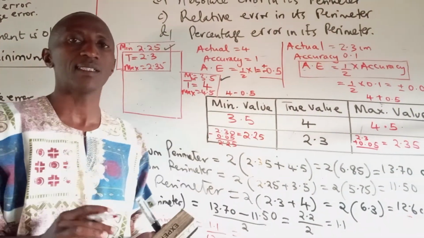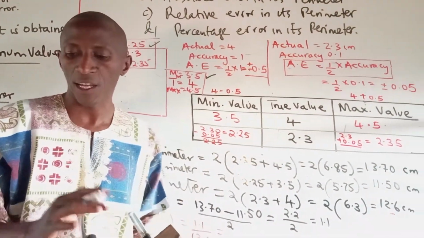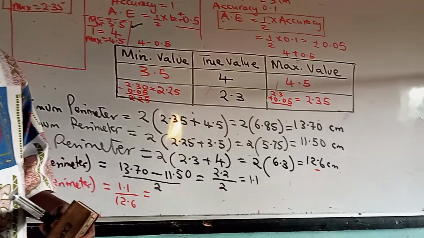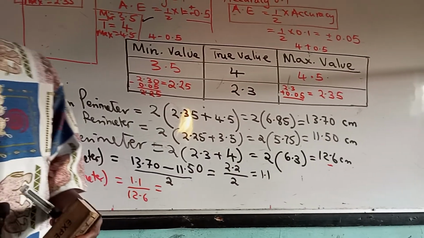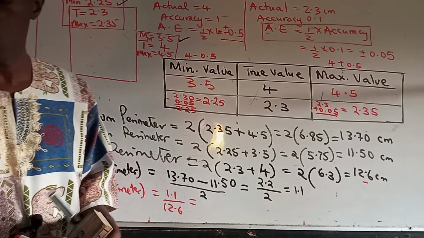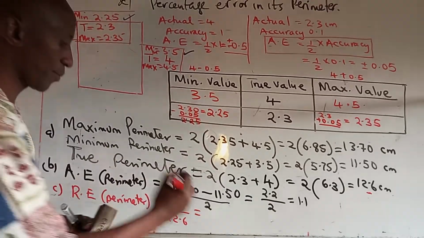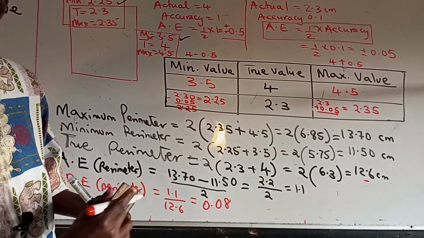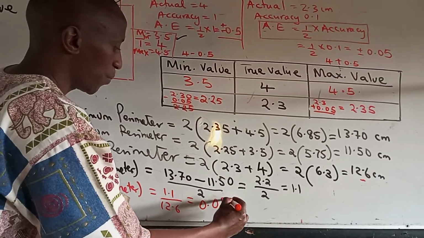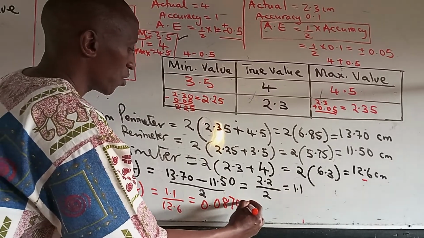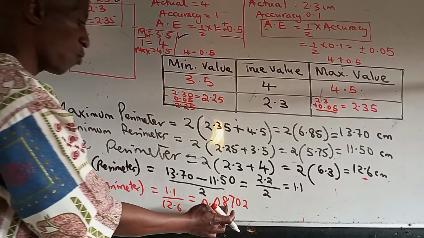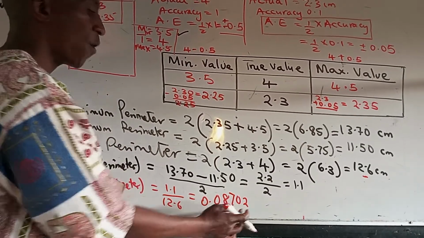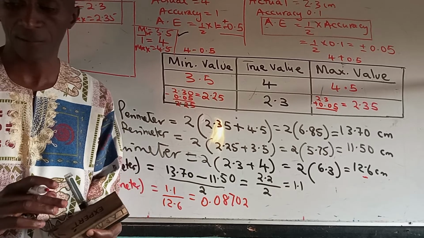If you have to express it in decimal form, give it to 4 significant figures. On my part, I'm getting 0.08702, to 4 significant figures.